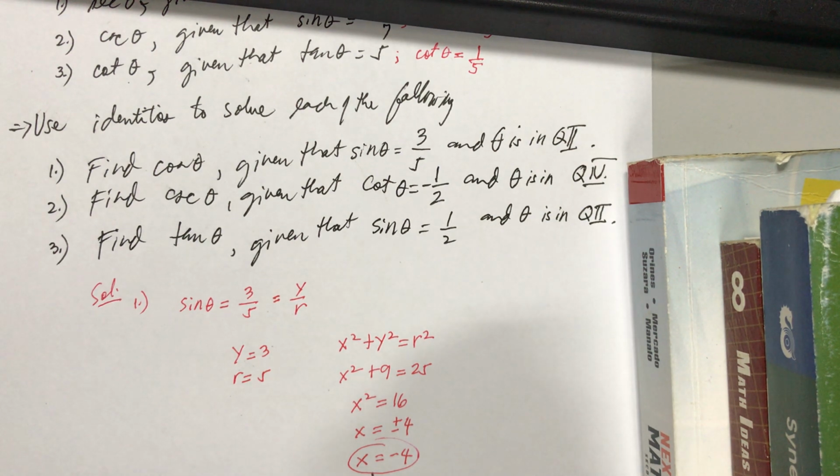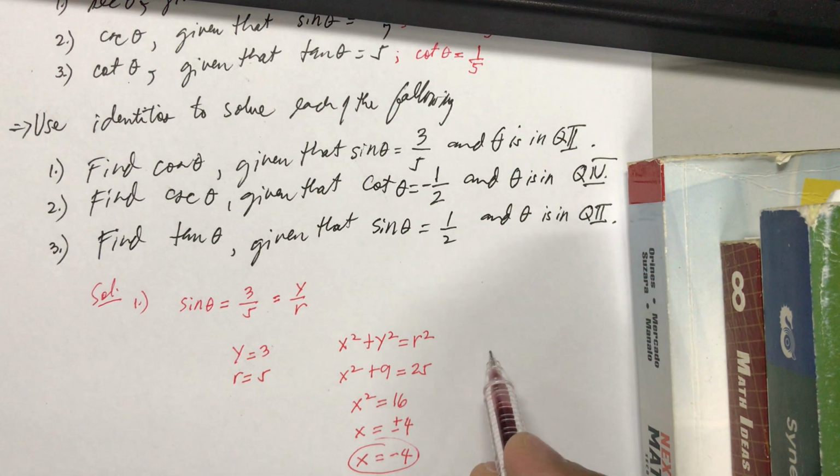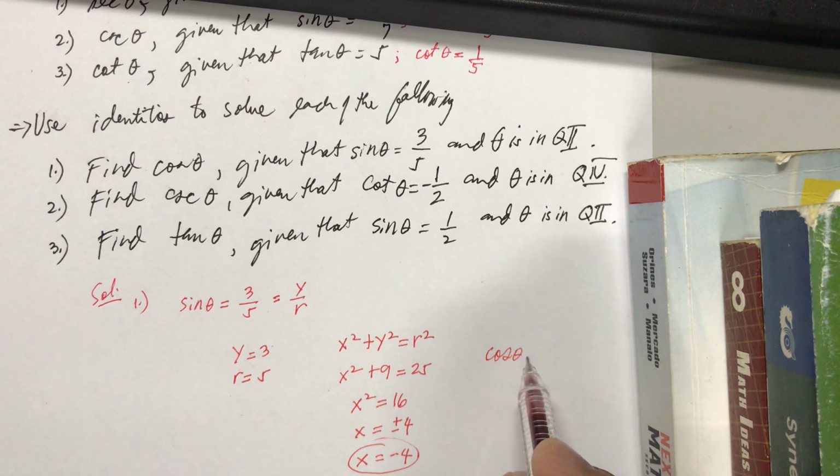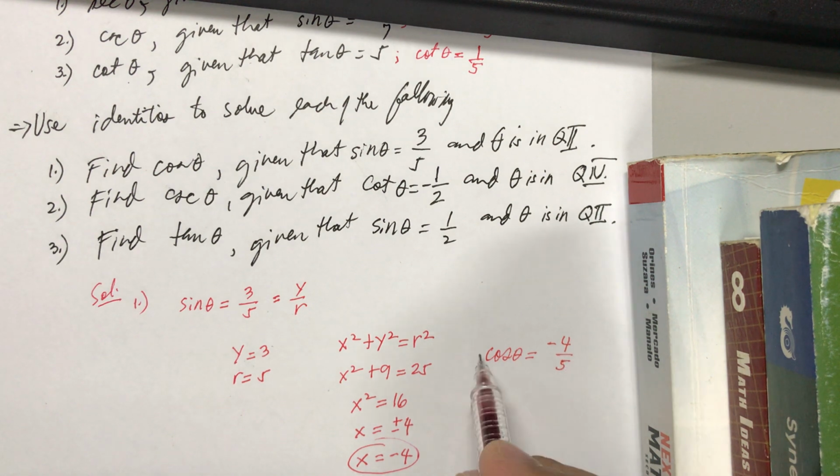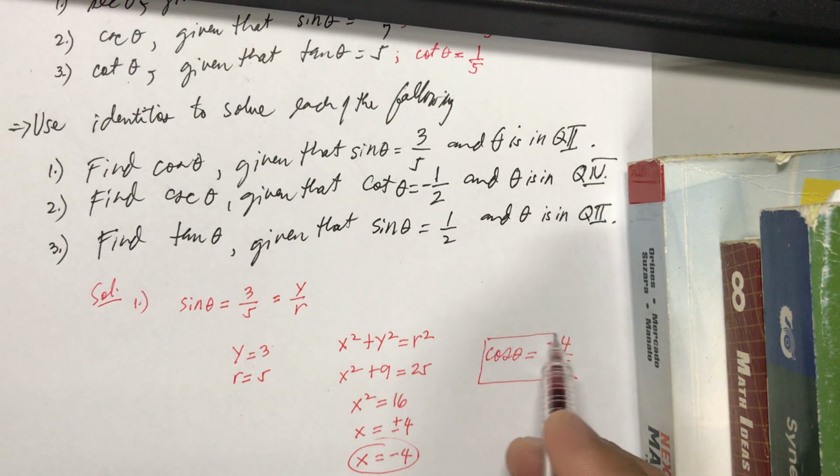Hence, in quadrant 2, the x-coordinate or the abscissa must be negative. So, x is equal to negative 4. After finding x is equal to negative 4, since cosine theta is defined as x over r, therefore, cosine theta is negative 4 over 5. This is the answer.